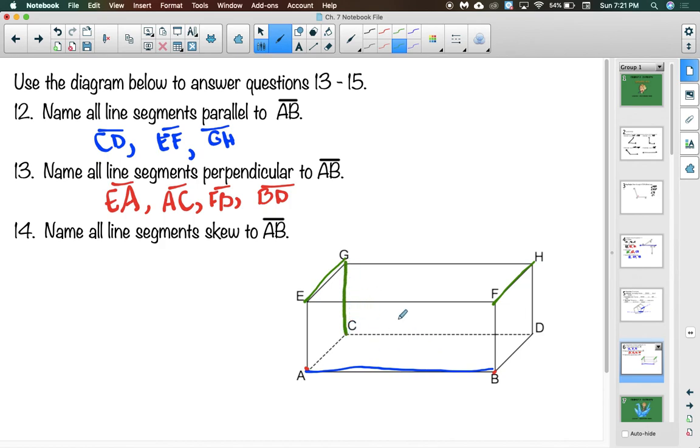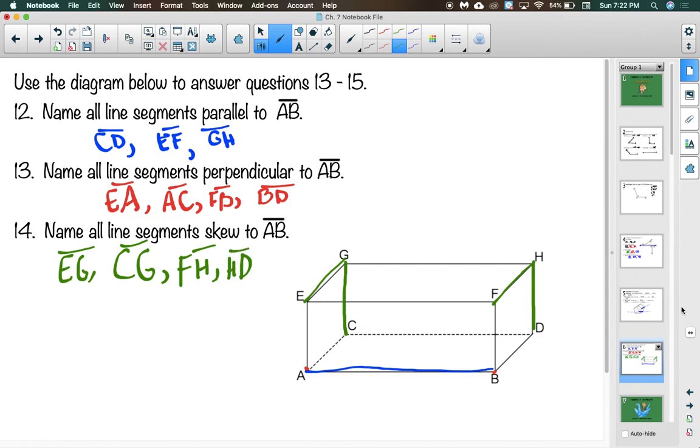And we could also include line segments GC and line segment HD. Okay, they're not parallel to AB, they're not intersecting AB, so they are skew. So these 4 segments are line segment EG, line segment CG, line segment FH, and line segment HD.